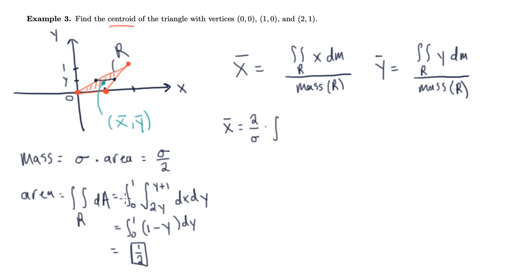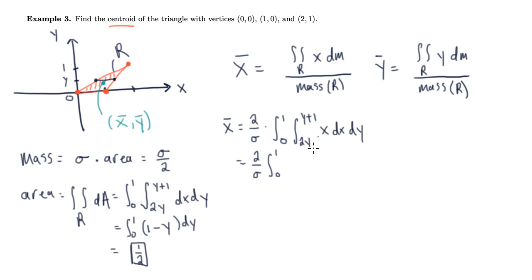And then I can use my same bounds, so I'm still integrating from 0 to 1, 2y to y plus 1. So I'm just looking at this upper integral here, but I'm putting in a weight of x, and then dx dy. So in other words, this is 2 over sigma, integrate from 0 to 1.